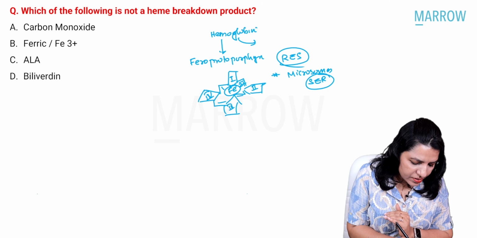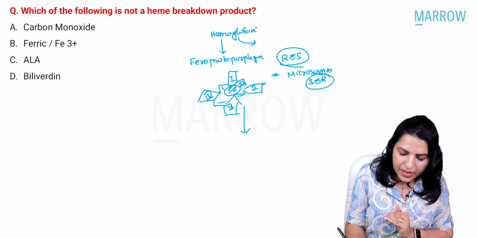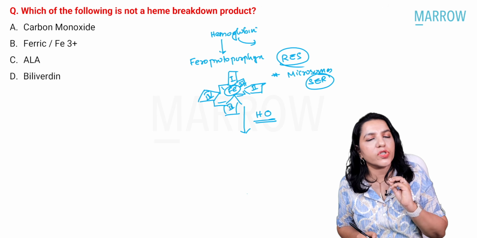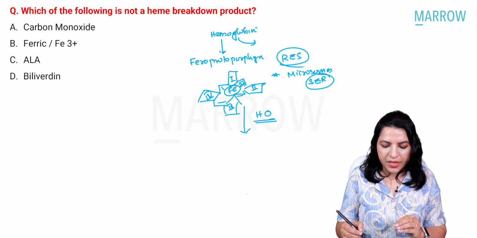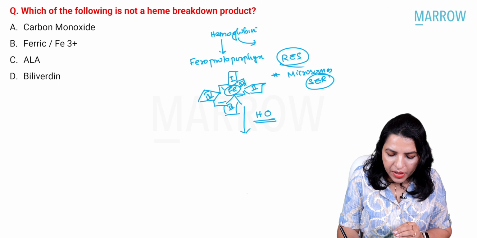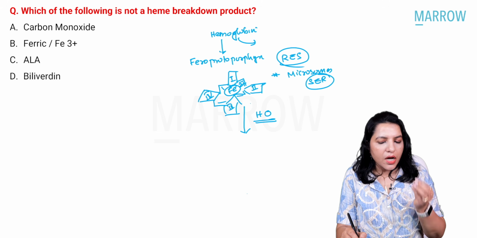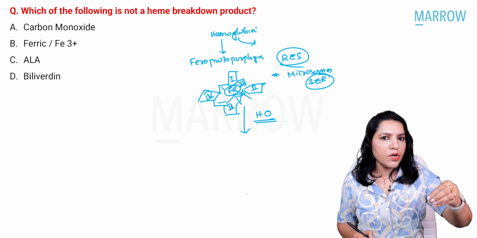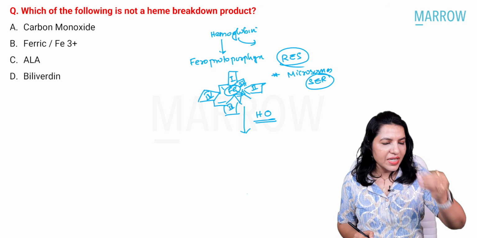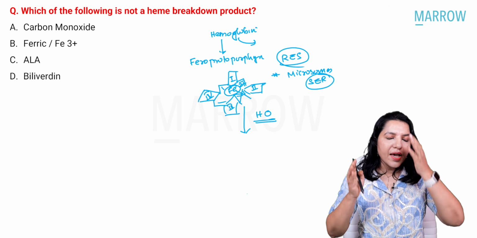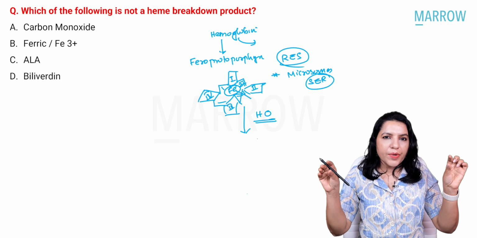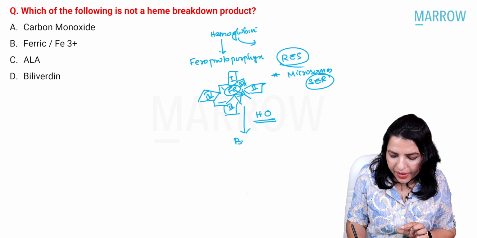The very first step is that it is acted upon by an enzyme called HO, heme oxygenase. When this reaction is happening, the methenyl bridge between two pyrrole rings is broken, between the second and the third. The methenyl bridge between the second and the third is cut, and as a result what is released is a tetrapyrrole-like structure which is called biliverdin.